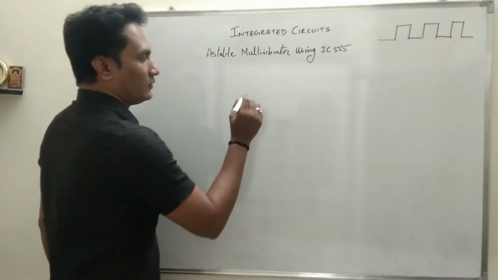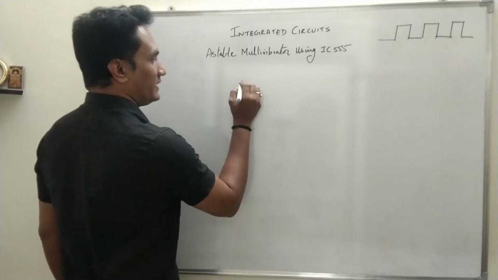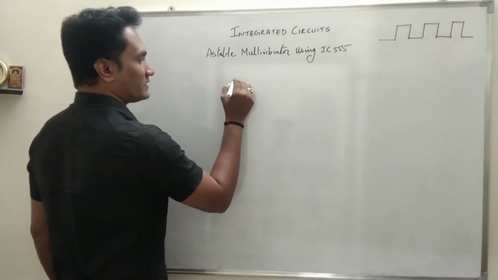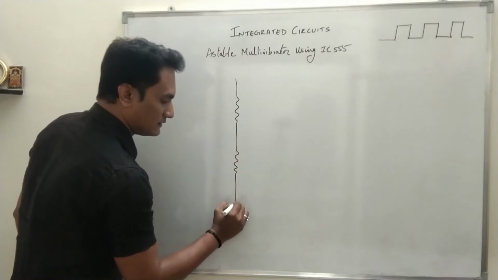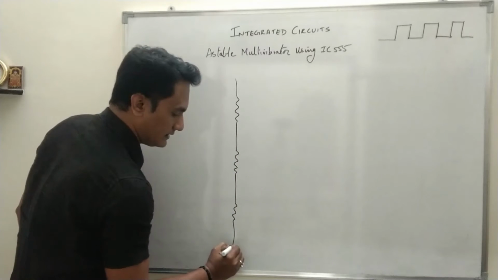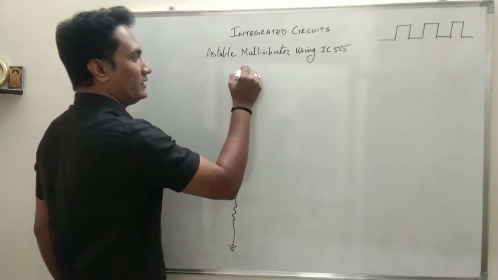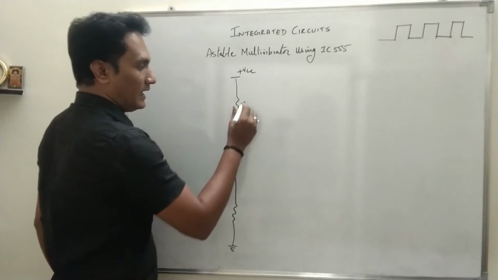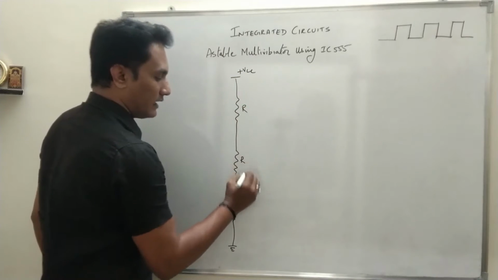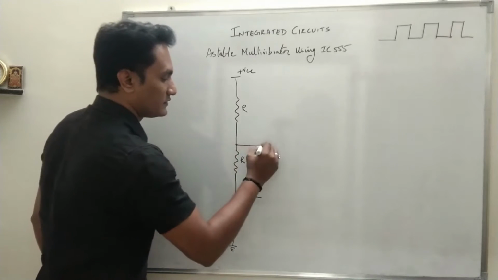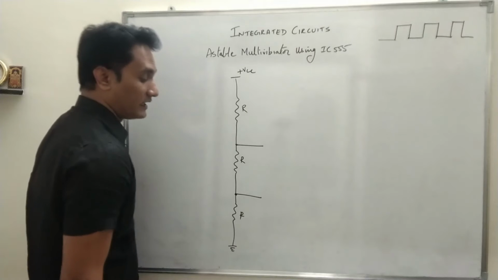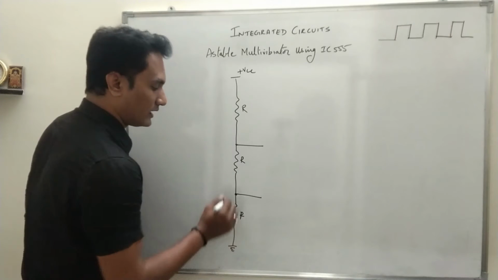Okay, so see how the circuit diagram will be. The circuit diagram has 3 resistors R connected in series between a positive supply and ground. The potential between these 2 points will give you the reference voltage for the 2 comparators.